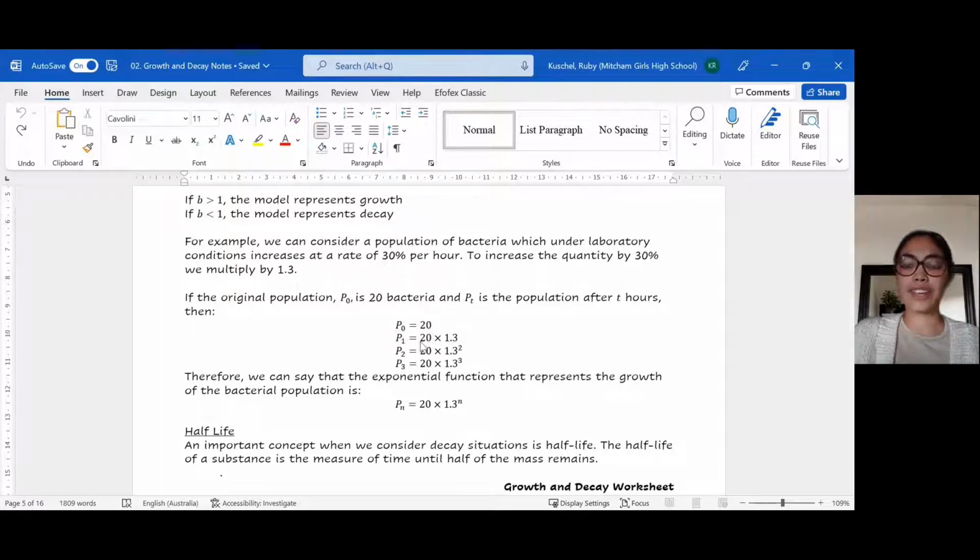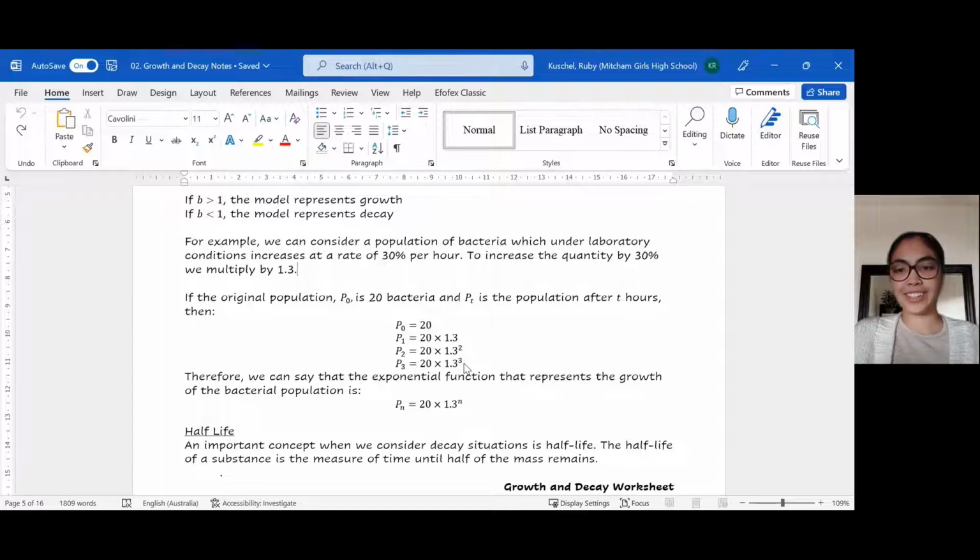After 1 hour, I've increased by 1.3, so by 30%. After 2 hours, I've got 20 times 1.3 to the power of 2. And then finally, P of 3, after 3 hours, is 20 times 1.3 to the power of 3.